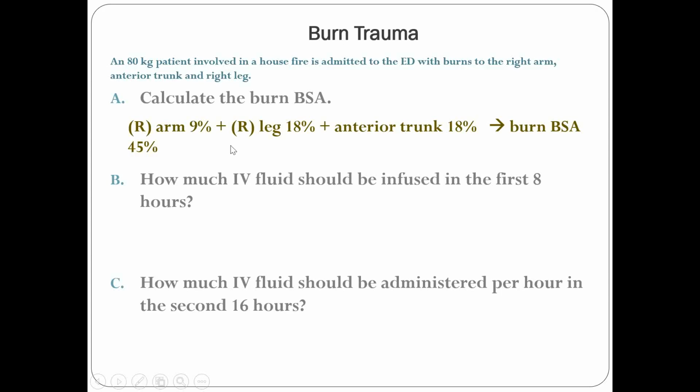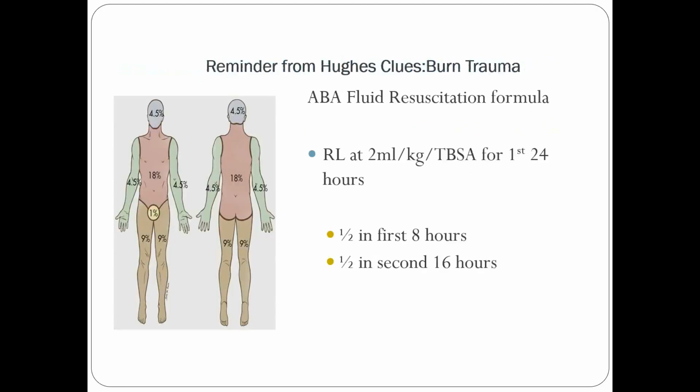So how much IV fluid should be infused in the first 8 hours for an individual who has 45% burn surface area? We know that the formula for most burns is 2 mils per kilogram times the total body surface area. Notice how this fluid volume is divided up.